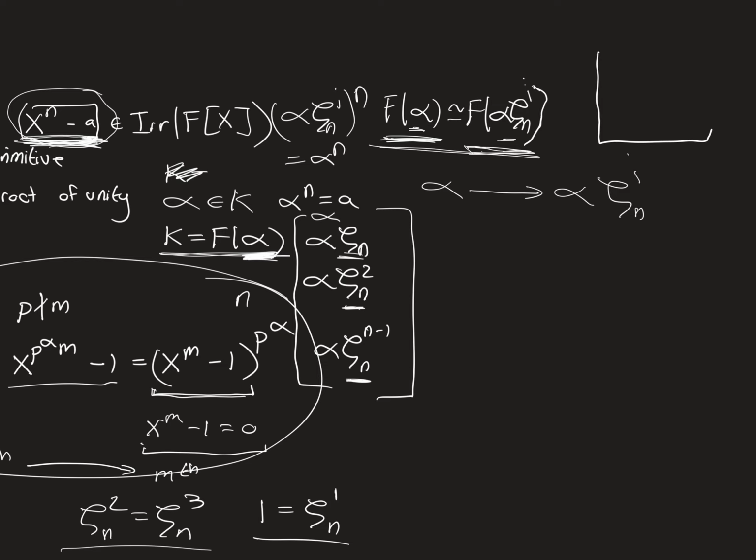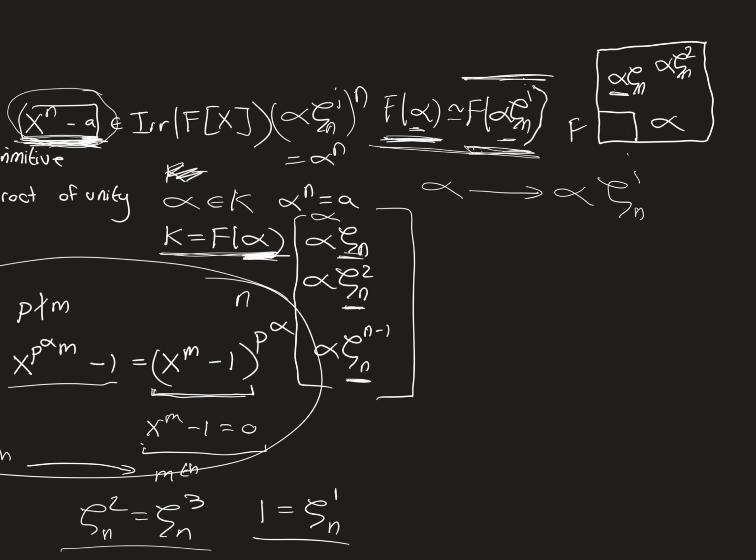Here is the smaller field F, and then you adjoin alpha, but you immediately get alpha zeta n here, and you also get alpha zeta n squared here. When we look at this thing here, what you've done instead is adjoin this element, or one of them. If we set i equal to 1, you've adjoined this element here, but you still overall get the same field.